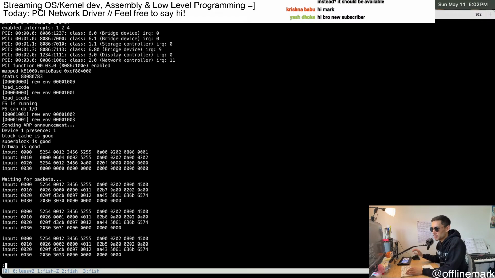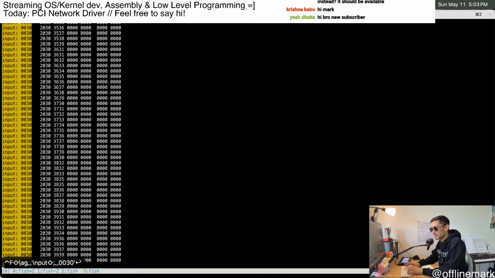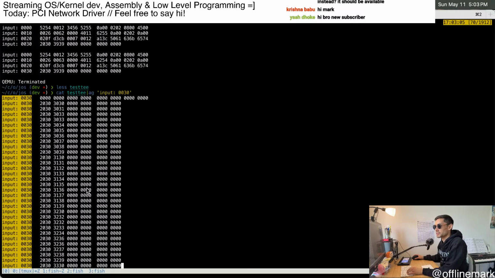Like I'm just going to grep for input 30. And that sort of filters out a lot of the noise. It makes it at least a little bit easier to detect when the duplication happens.